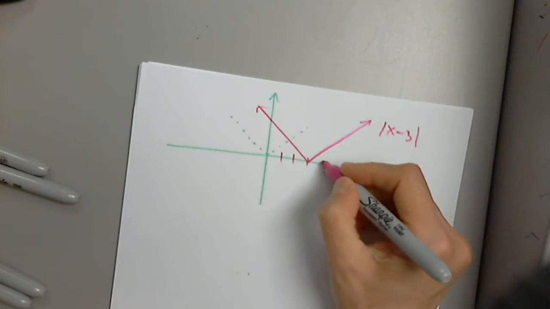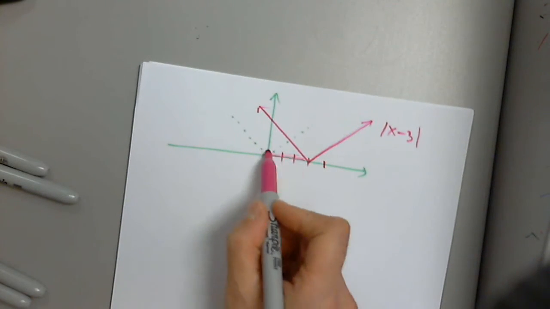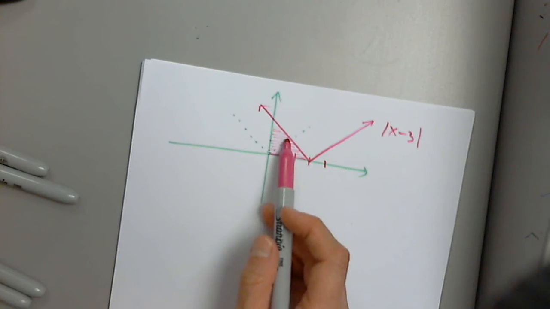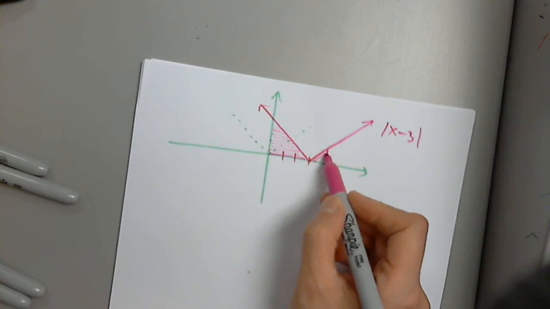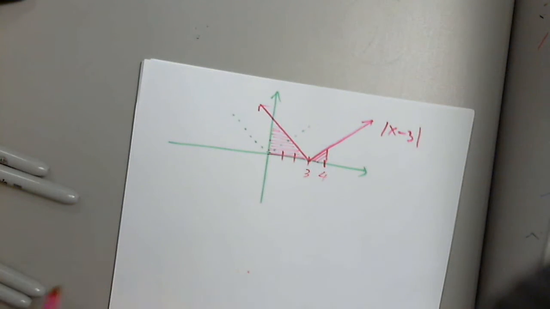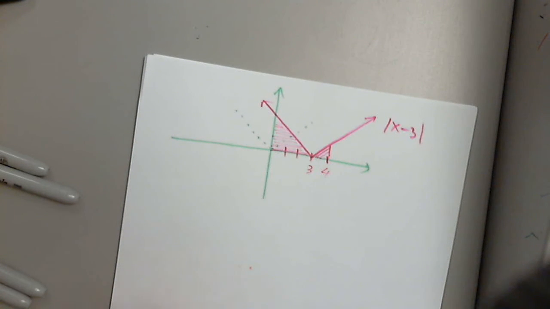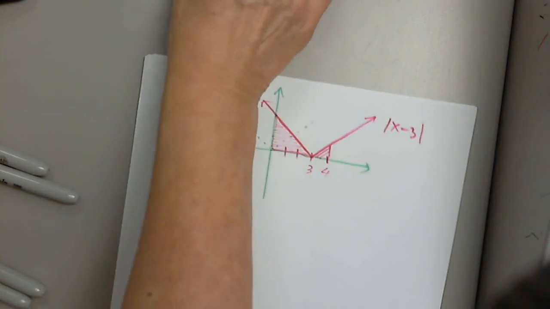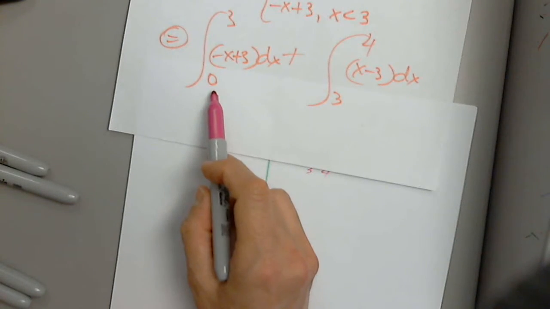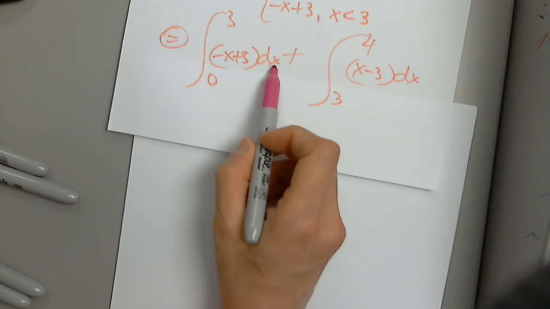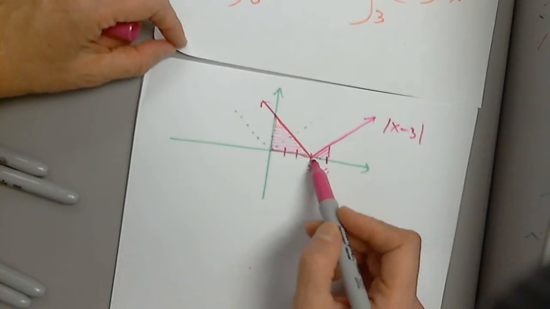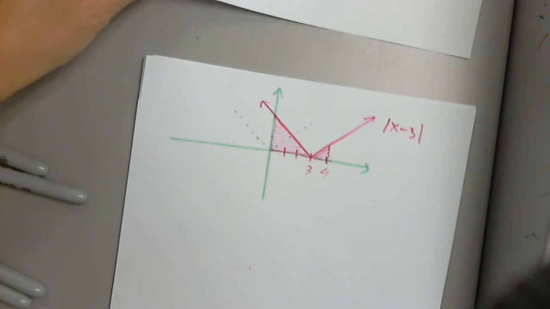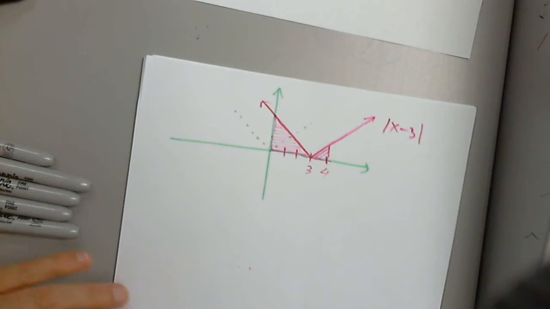But 4 is here. So between 0 and 3, we have one function, and between 3 and 4, we have a different function. So that's why we determine this area from 0 to 3, from negative x plus 3 dx, and we determine this area from 3 to 4 from x minus 3 dx. Okay, that's what I was confused about, where we got this number.